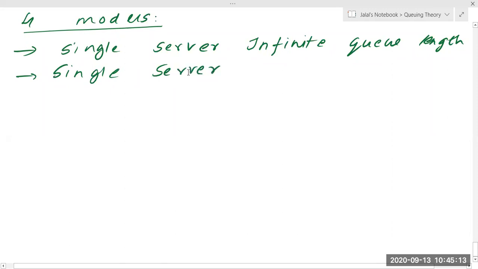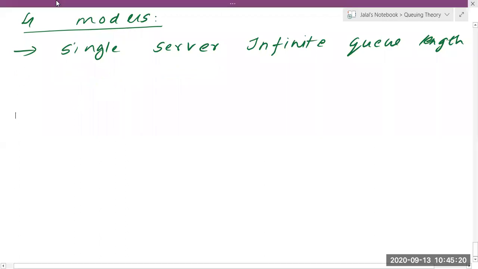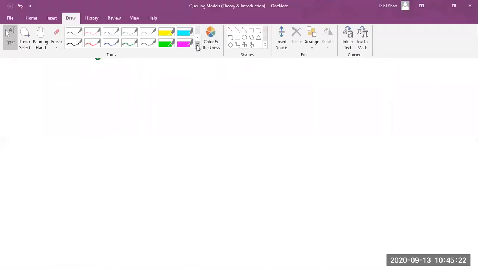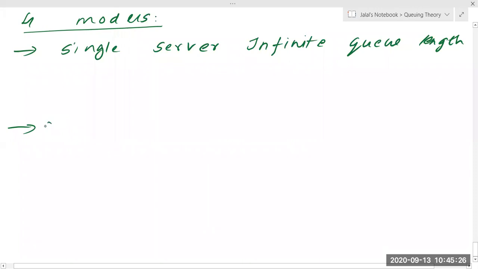I'll take some space also so that I can write it in mathematical terms also. We are just about to end the theory, then we can go to the problem. Second is single server, finite queue length.